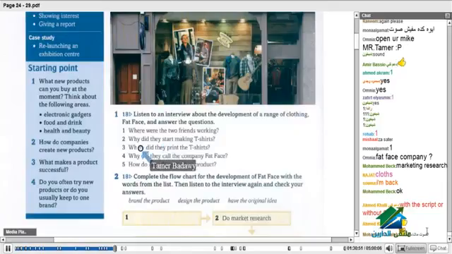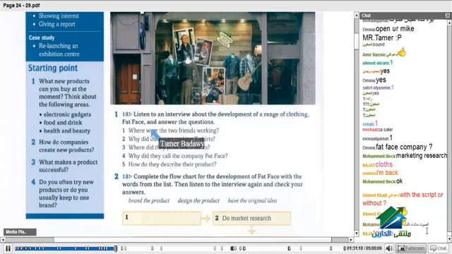And then they started to print logos and images on t-shirts. And they chose the Fat Face name for their company. And they describe their product with such things. So let's see the answers to this. Please, the audio now with no script.